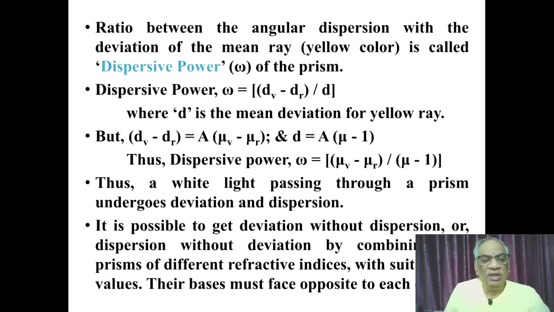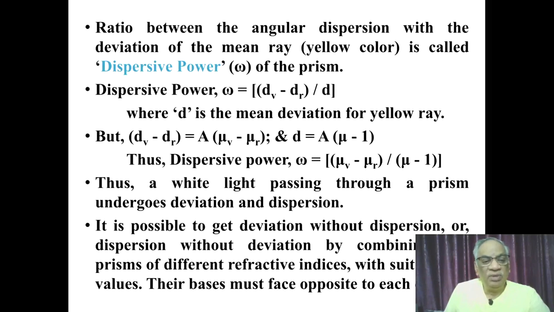The ratio between the angular dispersion and the deviation of the mean ray: that means we have extreme colors red and violet, and the central color is yellow. The ratio between the angular dispersion and the mean deviation is called the dispersive power, omega, of the prism. It represents the ability of the prism to resolve the white light into different colors distinctly.